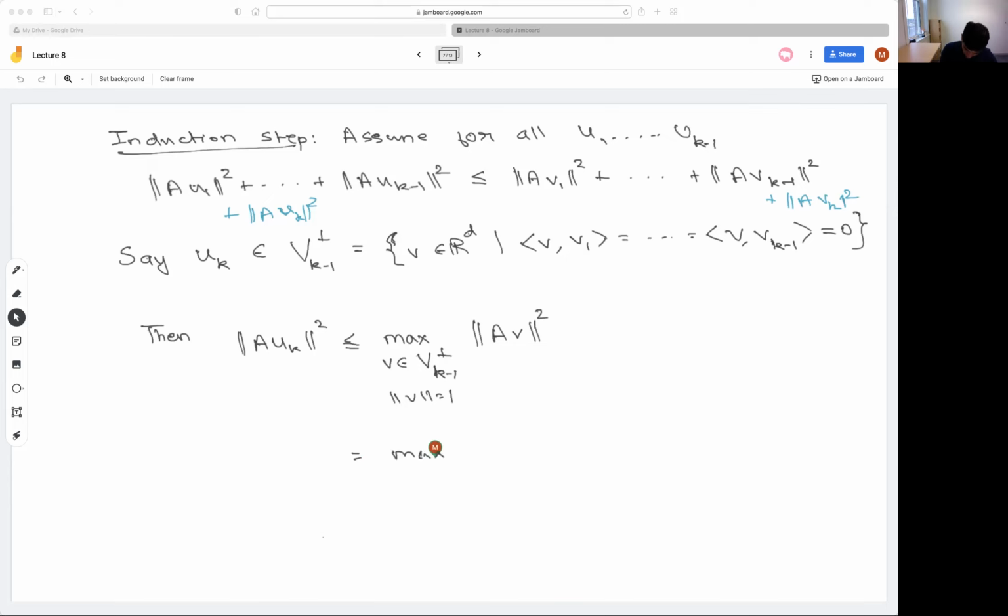This can again be written as the best vector V we can choose in this subspace of the inner product of V with A star A times V. It's a variation on the proof we did about sigma 1 squared, that this is sigma k squared.